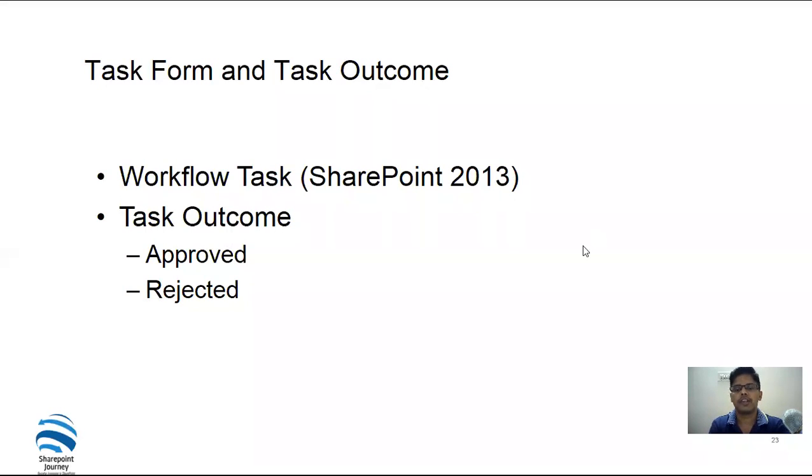Okay. So in those scenarios, like Suresh mentioned, that's where we are going to work with custom task forms and task outcome. And the custom task form can be created with the help of this content type. So by default, we have this Workflow Task SharePoint 2013 content type. I can inherit that particular content type or add that content type to the workflow task list and use that content type.